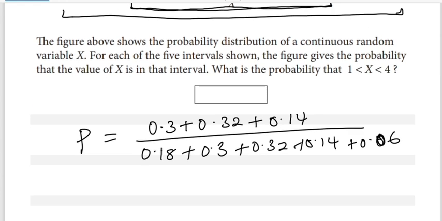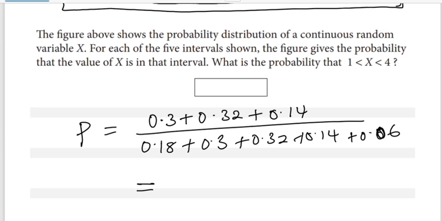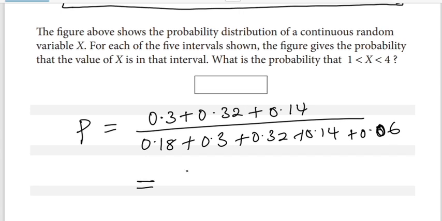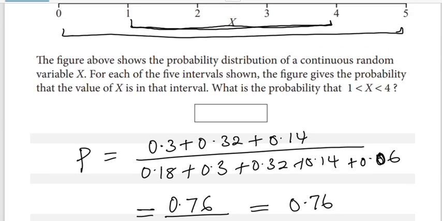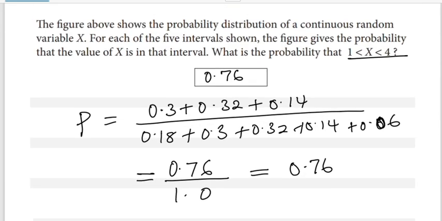Okay, and if you add this all up, the top is going to give you 0.76, and the base will give you 1.0, and this is simply 0.76. So the probability of this between 1 and 4 is simply 0.76, and that is the solution to your problem. Yeah, and that solves your problem.